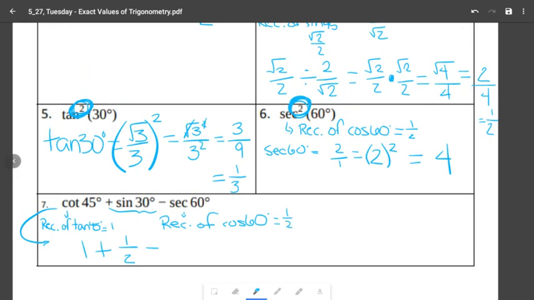So the reciprocal flipping it is 2 over 1, which is 2. So now from here, adding and subtracting, you can do this right on your calculator if you want. 1 plus 1/2 minus 2. You should get negative 1/2 or negative 0.5.